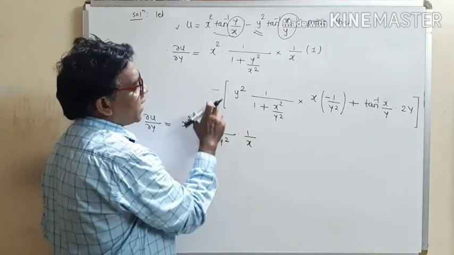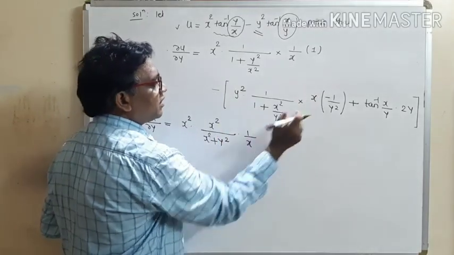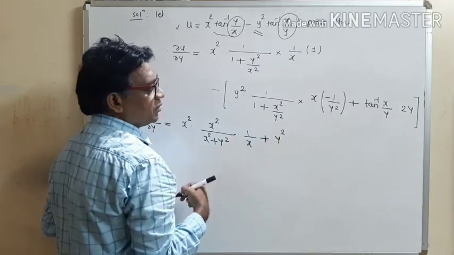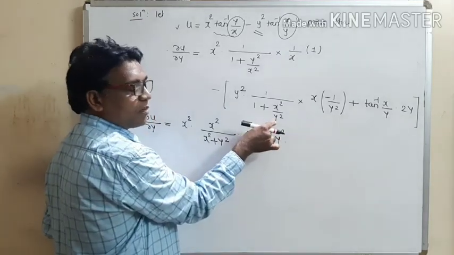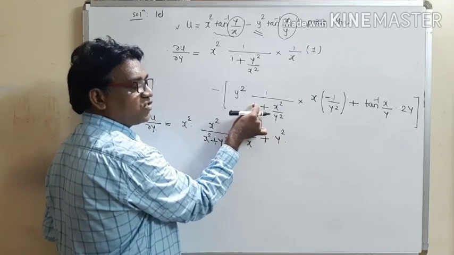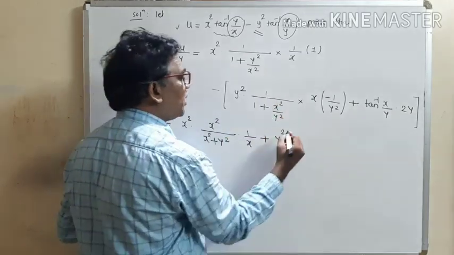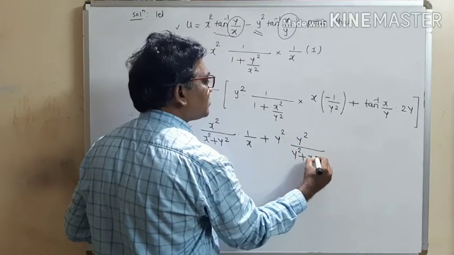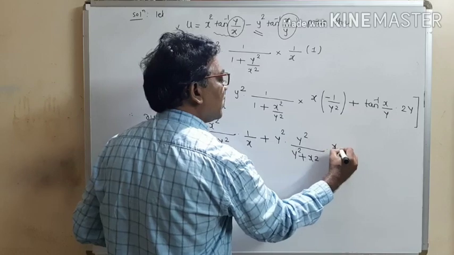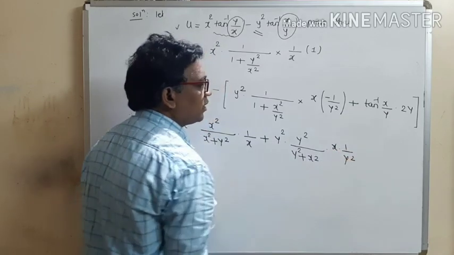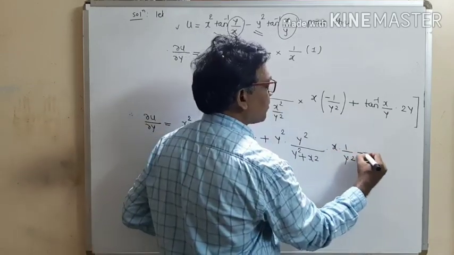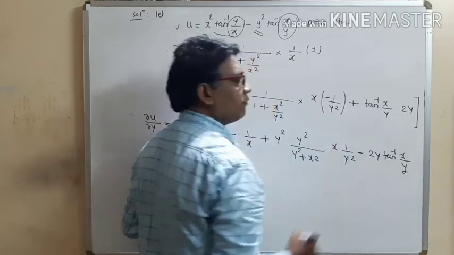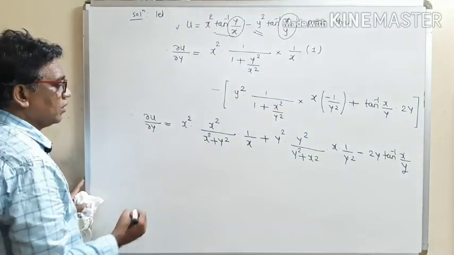Now just open this bracket, minus and minus, this is plus, y square into, now again this y square, it is term of LCM, just cross multiply by y square and transform this y square in numerator. This is y square divided by y square plus x square, into, this is x into 1 upon y square, and this is minus 2y into tan inverse x upon y.